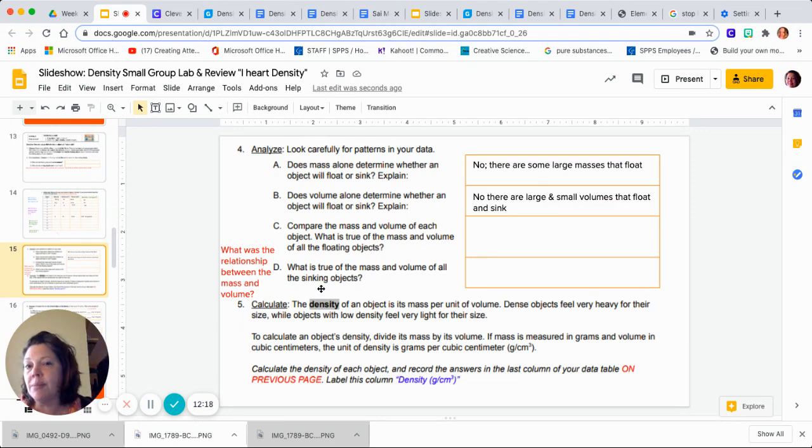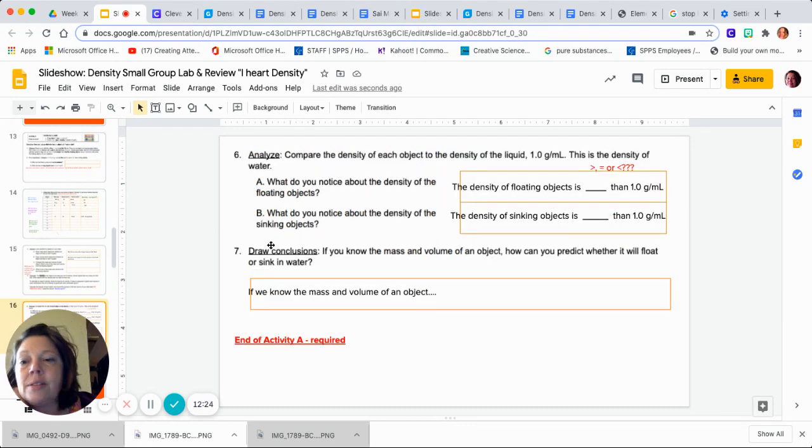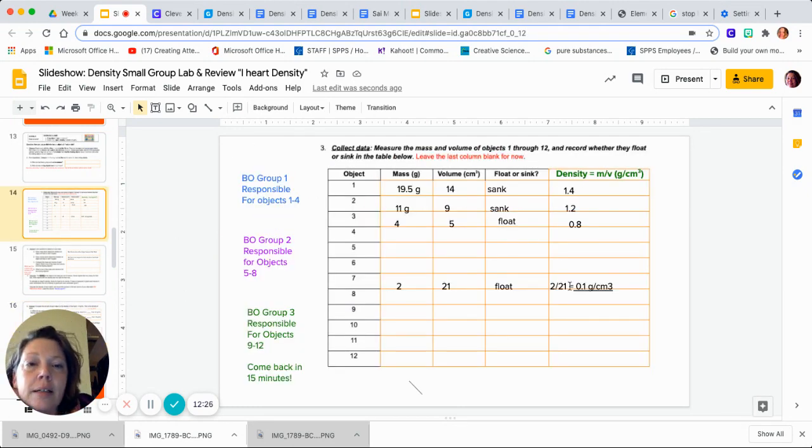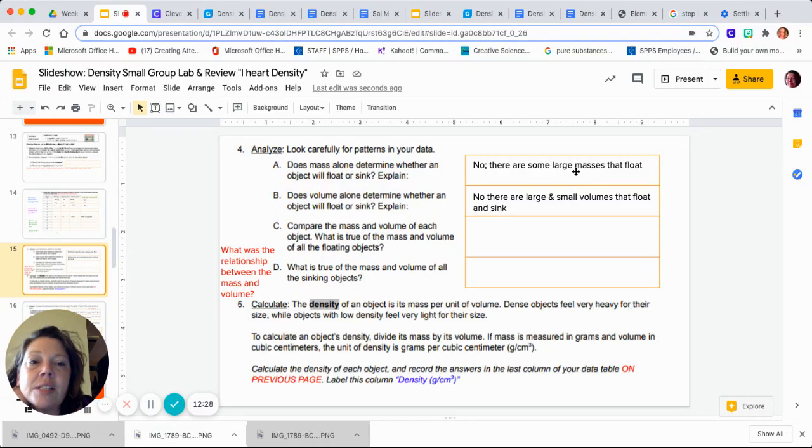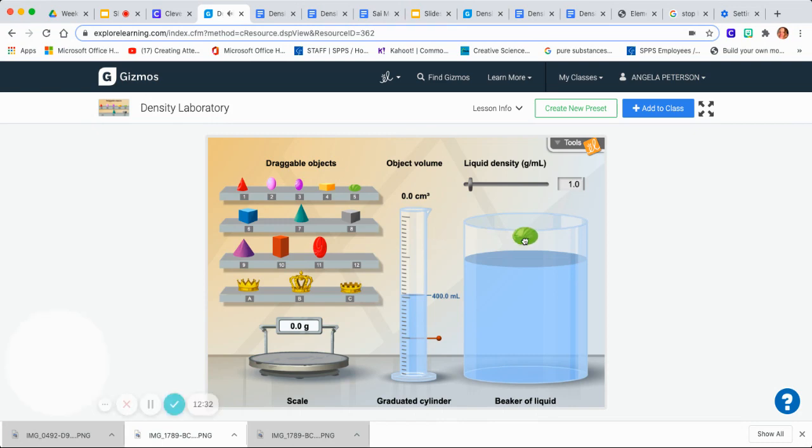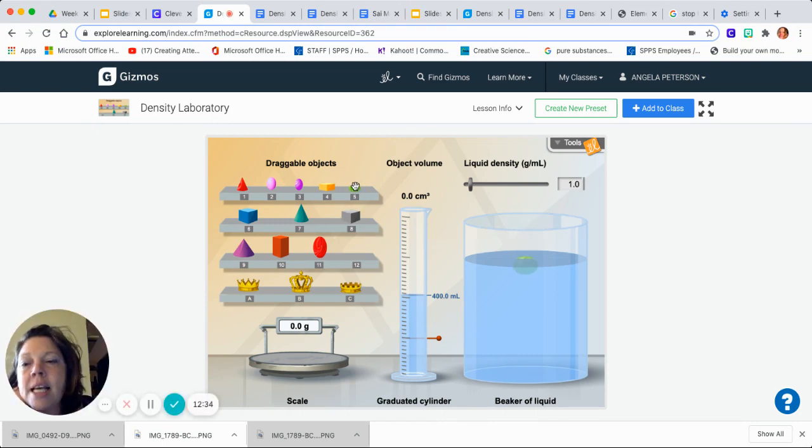Does mass alone determine whether an object floats or sinks? I saw that there are some masses that float, right? That are very large sizes. So if we go back, we can take a look. This one floats. Same shape, different sizes, but this one sinks. So volume itself does not determine density.